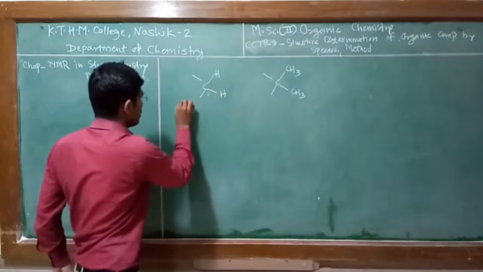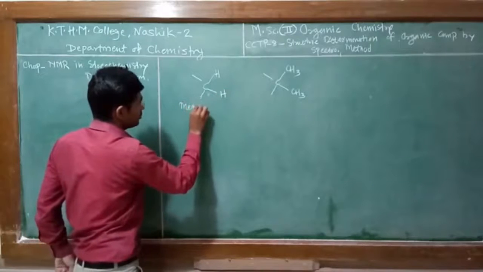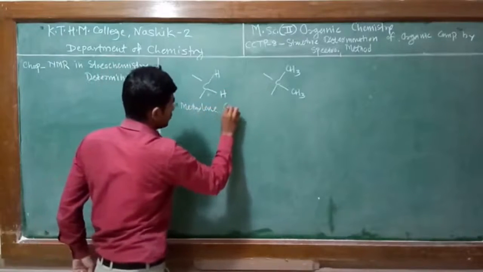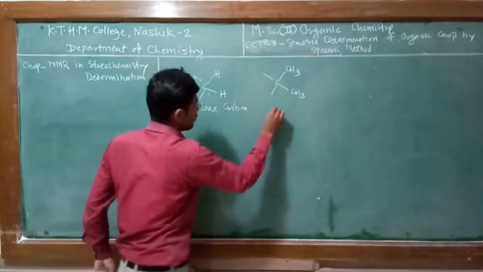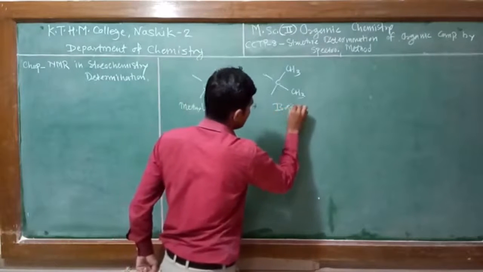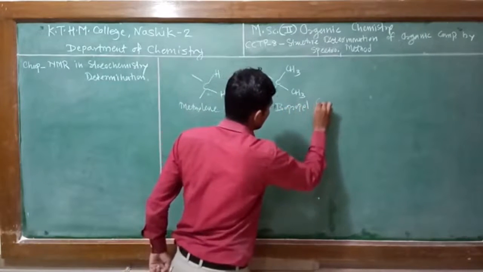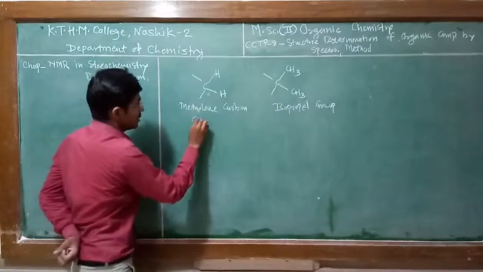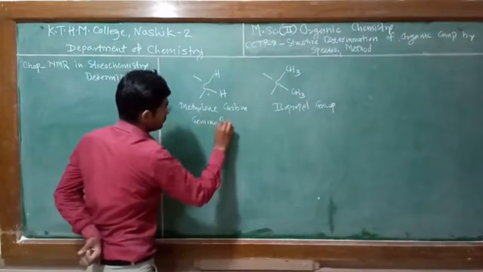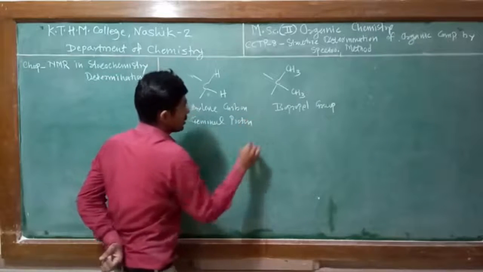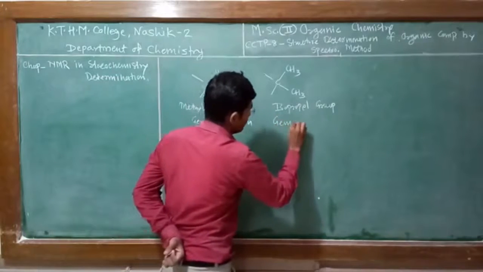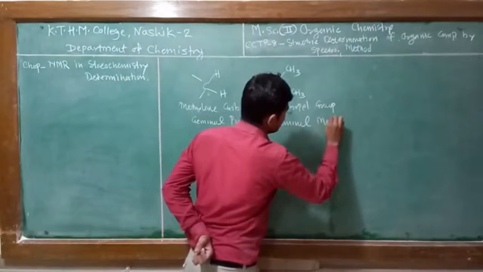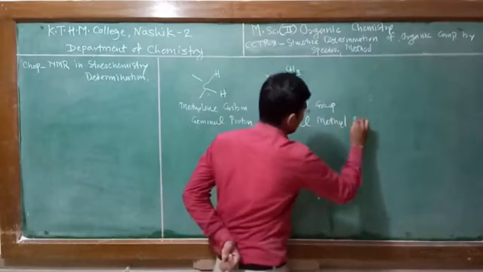We call it methylene carbon. We also call it isopropyl group. These are also called geminal protons. These are called geminal methyl groups.